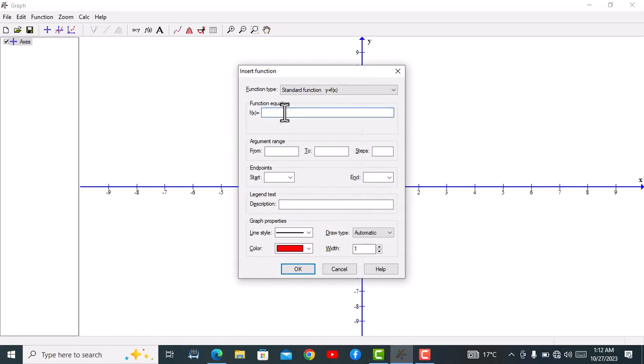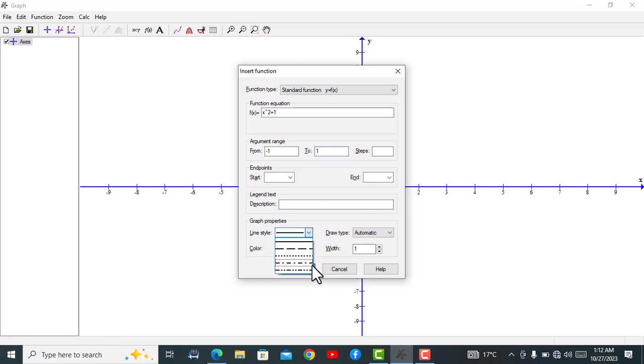So we have x squared plus 1. Okay, let's just draw this graph from the interval of -1 to 1. Right, and then we will use this color.